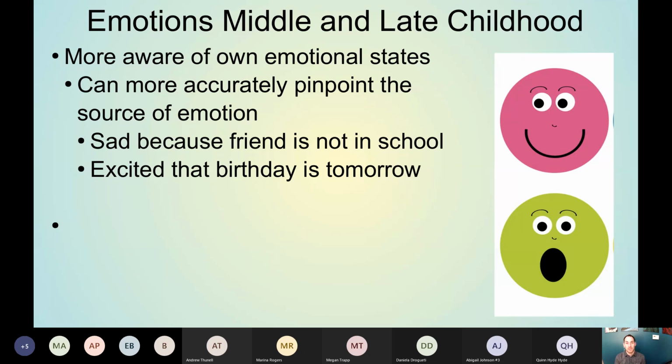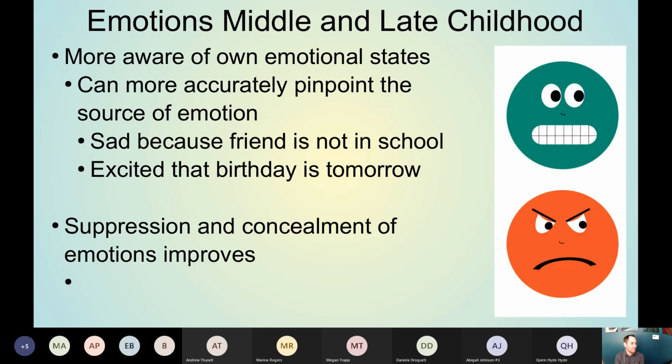They will have an emotion, and you as an outside observer, maybe a parent or a teacher or a babysitter or an aunt or an uncle, might be able to know, oh, it's because their toy just broke or something like that. But in early childhood, they're not able to grasp the direct cause and effect that this is causing them that emotion. So this is appearing through middle and late childhood. By the end of late childhood, they should be really good at that.